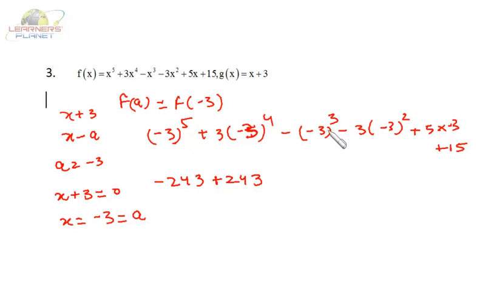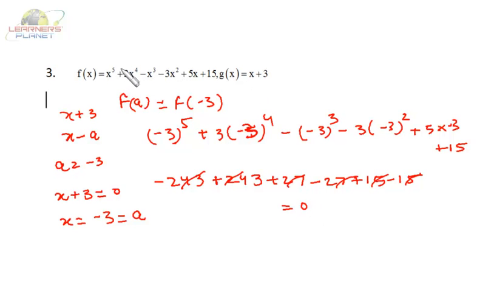So 3 cube is 27, and minus 27 it will be, and further minus 27 into minus will give plus 27. Here it's minus 3 square, it will be 9. 9 into minus 3 is minus 27, then plus 15 minus 15. So everything will be cancelled and we will be getting 0.